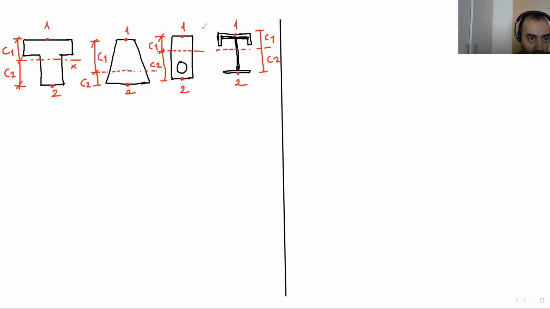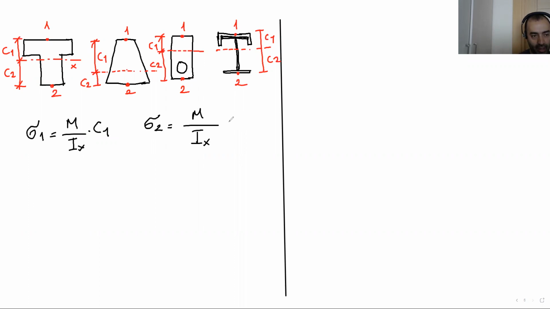Sigma 1 equals M over Ix times, if we are looking for M over Ix, it's easy. It's moment over Ix. That's okay. If we are looking for the stress at point 1, we need to put the distance of that point. It's C1. It's same for sigma 2. M over Ix times C2.